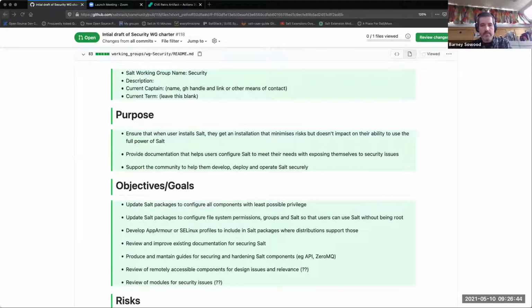So, produce and maintain guides, review of remotely accessible components for design issues and relevance. I put question marks next to this because I think this is potentially quite a big job. It's not particularly well defined. What I was thinking of particularly in this context is the Salt API, because I use the Salt API really heavily in my work, and it's fantastically useful for the work that I do, and I'm sure for quite a lot of other people.